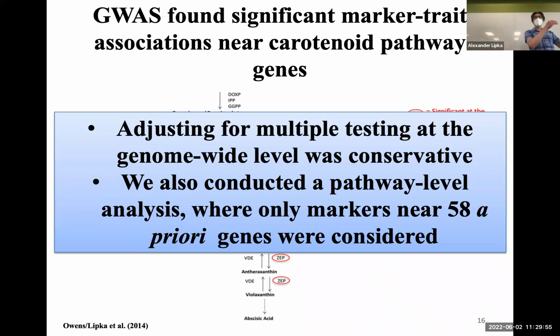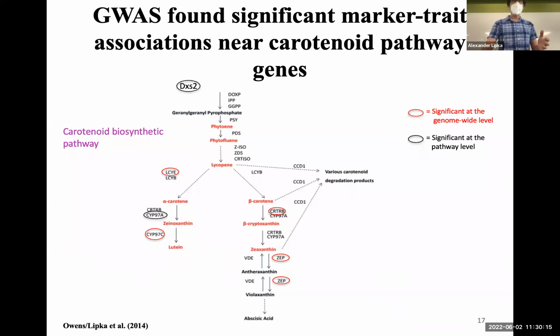So what we did is we retook the statistical analyses that we already conducted in our GWAS, and then we only considered markers that were in the vicinity of these 58 a priori candidate genes, okay? And we readjusted our multiple testing problem for there. And because of that, we were able to identify these additional genes that were circled in black, okay?